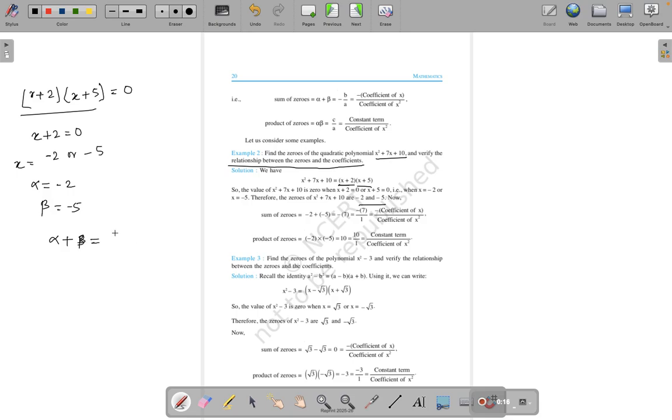This is equal to minus b upon a, which is -7 upon 1, which is -7. Therefore, alpha plus beta is minus b upon a. Is this clear?